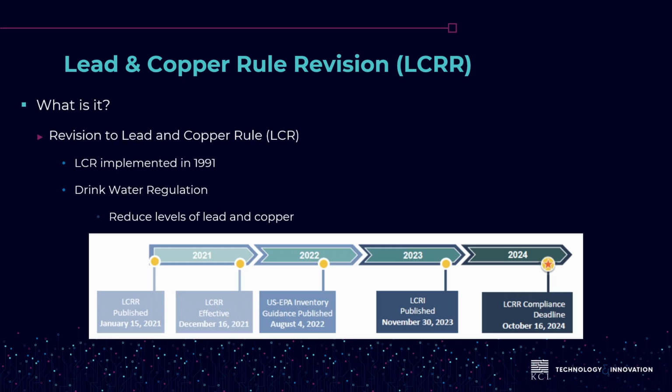It's essentially safe drinking water regulation, and the goal is to reduce the levels of lead and copper. Timeline there, the LCRR was published in 2021, effective later that year, and then ultimately compliance was necessary by October of last year for the baseline inventory, that is.